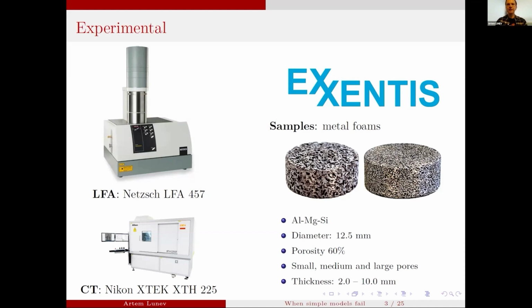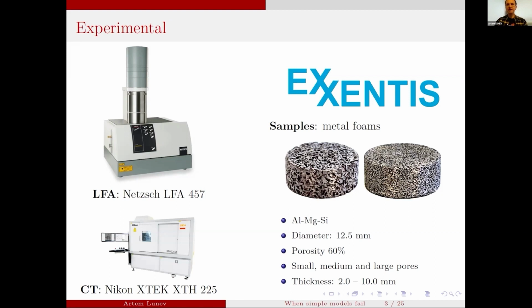The samples used in this work were kindly provided by Exantis, and they were produced from an aluminium magnesium silicon alloy with a fixed porosity of 60%. But the different samples that we measured had different size distributions of the pores. We focused on small, medium, and large pores.